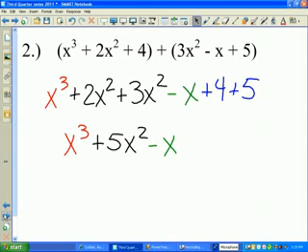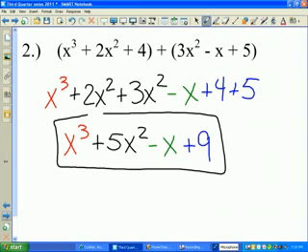Then we have our minus x. Now 4 plus 5 will give me my plus 9. Anything else I should be combining? No, ma'am. No, sir. So that, right now, will be my solution.